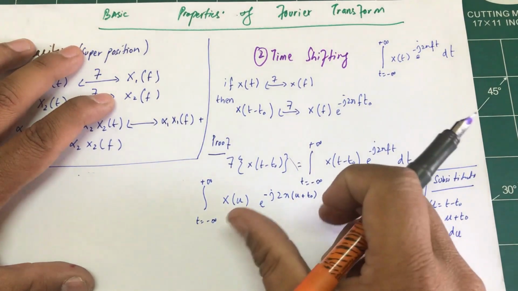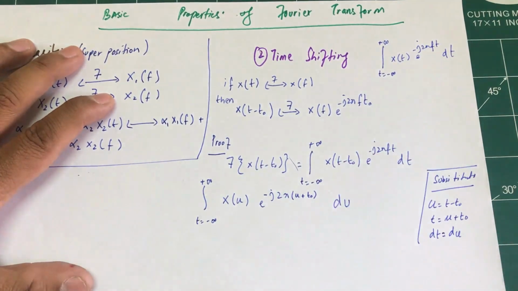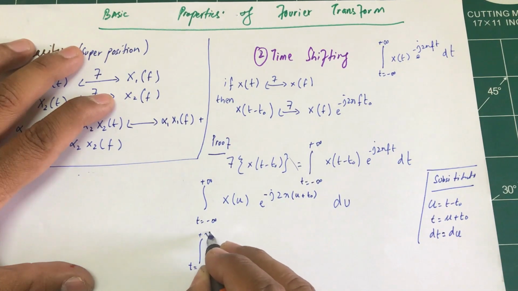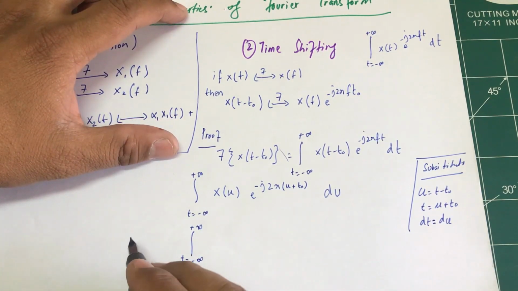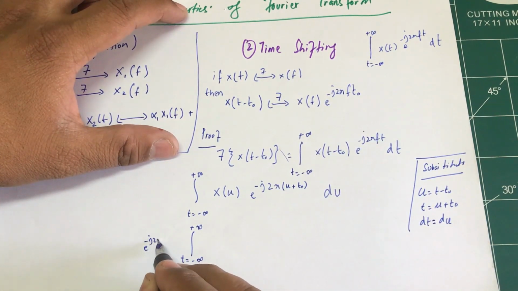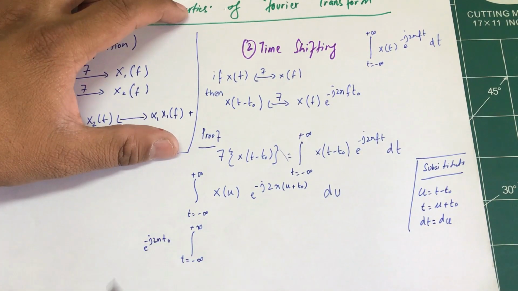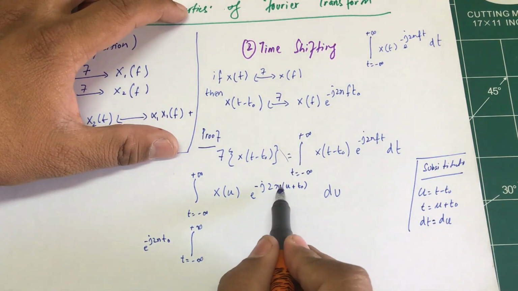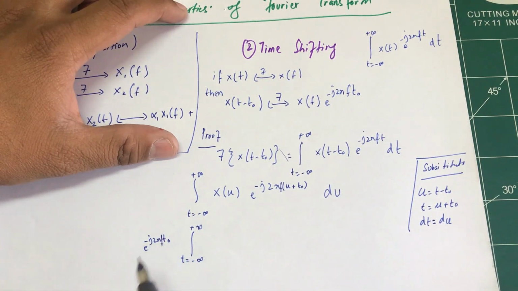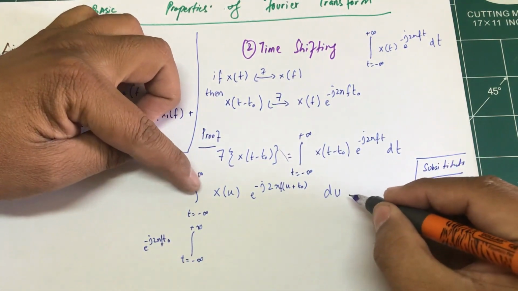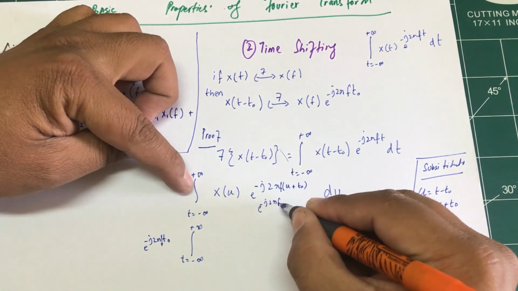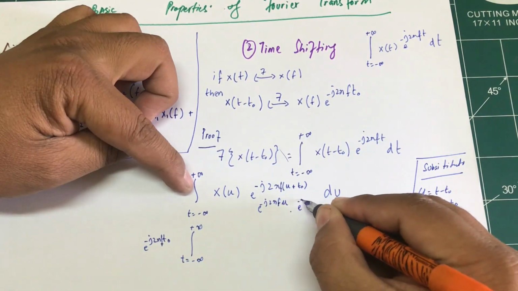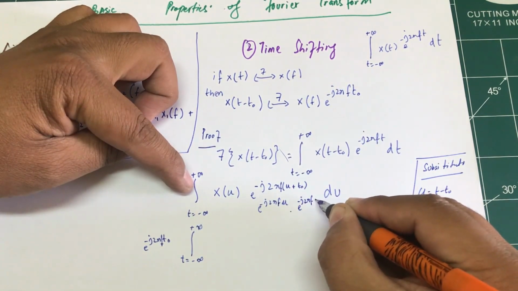When I have the same base, I'm adding powers, so I can just split them up. As t goes from negative infinity to positive infinity, I get two of these terms. I can also rewrite this as e to the negative j 2 pi f u times e to the negative j 2 pi f t naught.